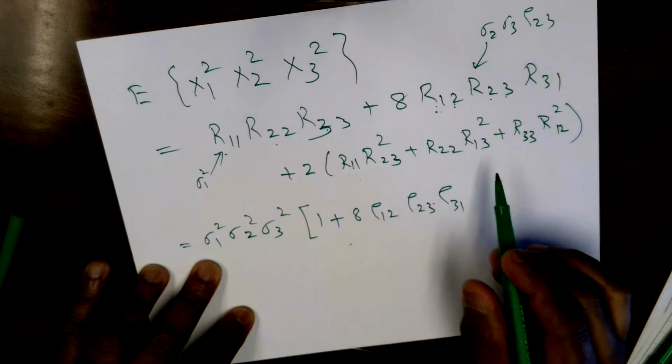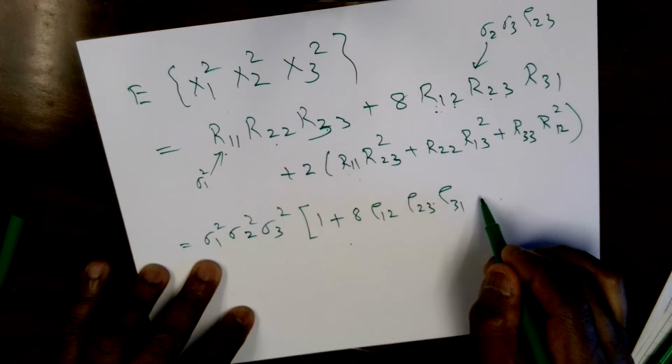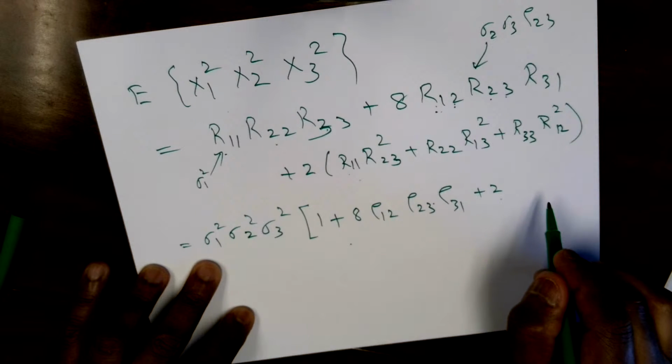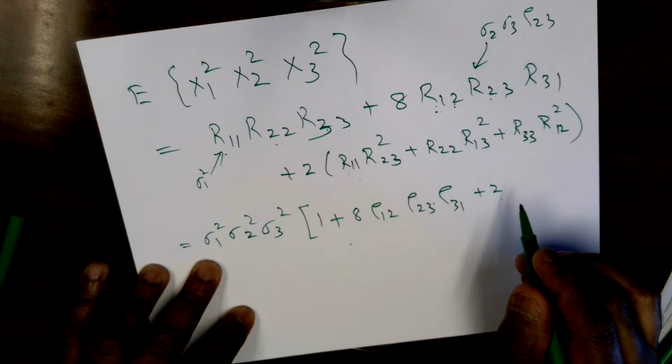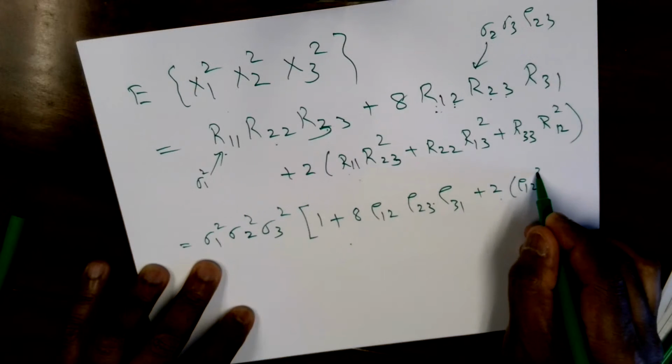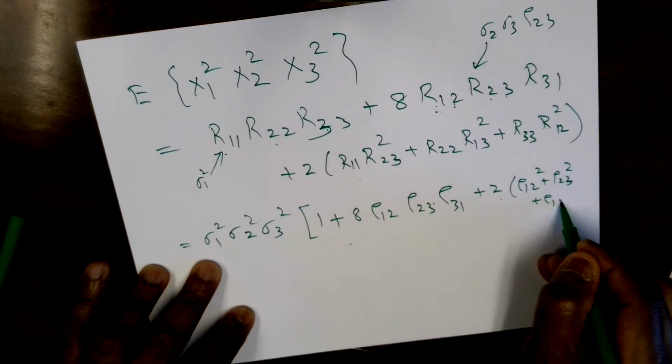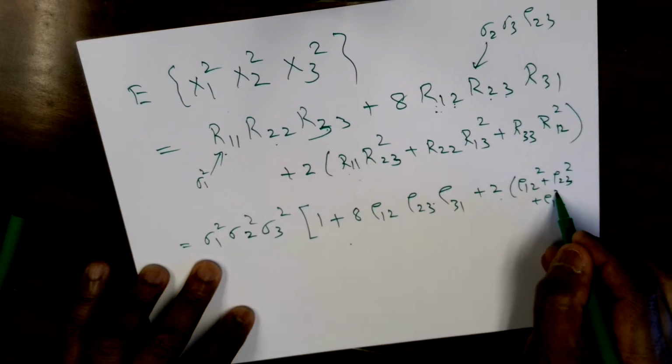And the last one here will be plus 2 multiplied by rho 1,2 squared plus rho 2,3 squared plus rho 1,3 squared.